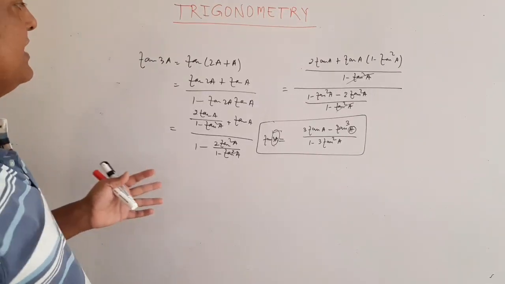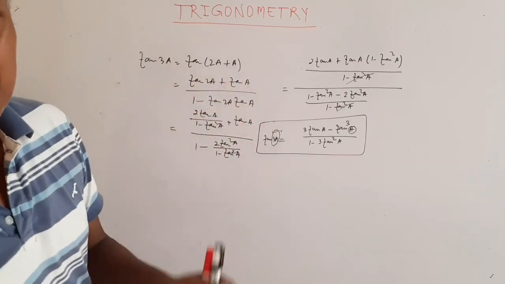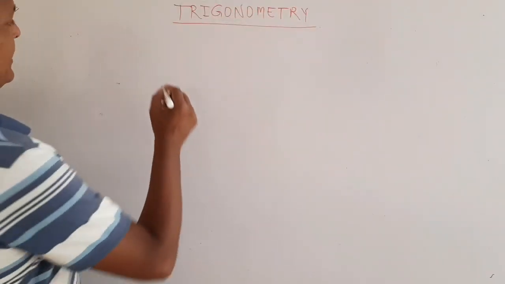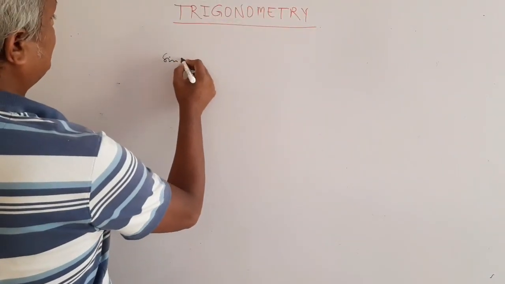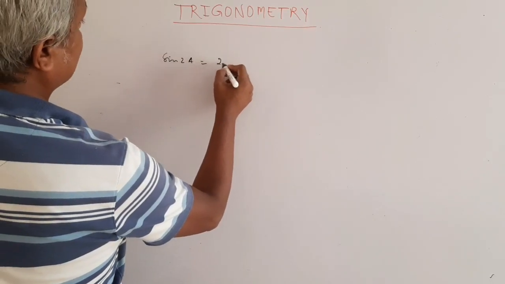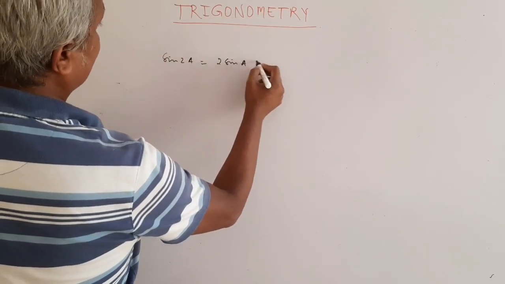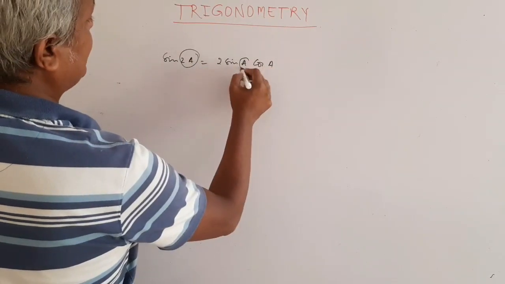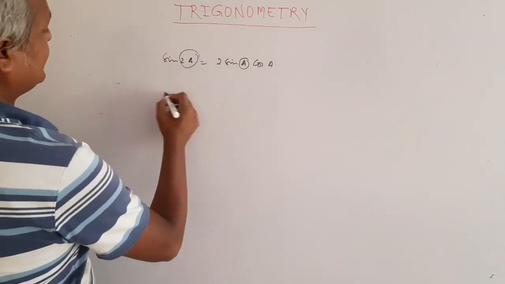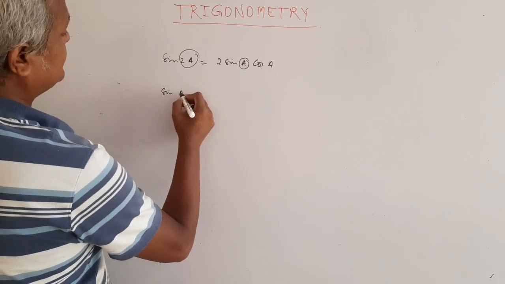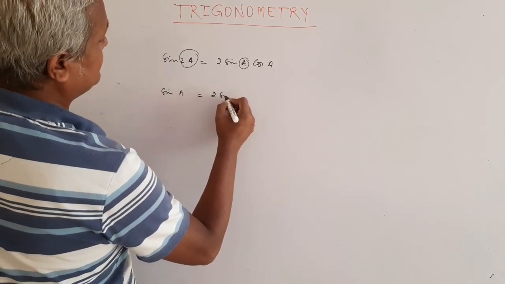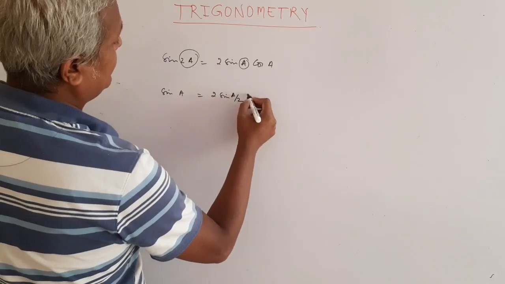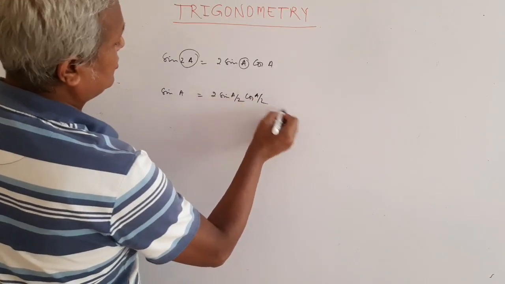So everywhere, let me clear the screen, just give me 2 minutes briefing. Just like you saw that sine 2a, this is the formula. Sine 2a is 2 sine a cos a. So you see what is this angle? 2a, and what is this? Half of that. So if I have this angle as a, this will become 2 sine a by 2 cos a by 2.